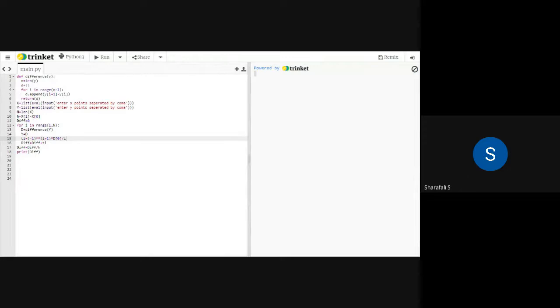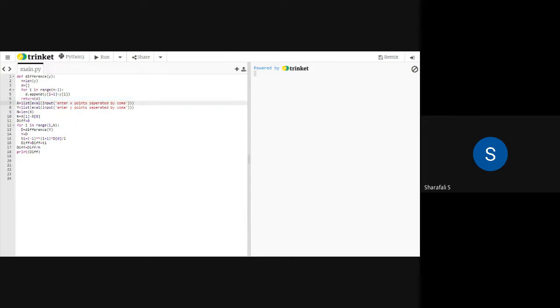So you can see here, the first one, we are defining the function difference. For that difference, we have to provide this n value. N is nothing but the length of y. You will understand why we have to give this. Otherwise, we can start from here. So x equal to list of eval function we already discussed.